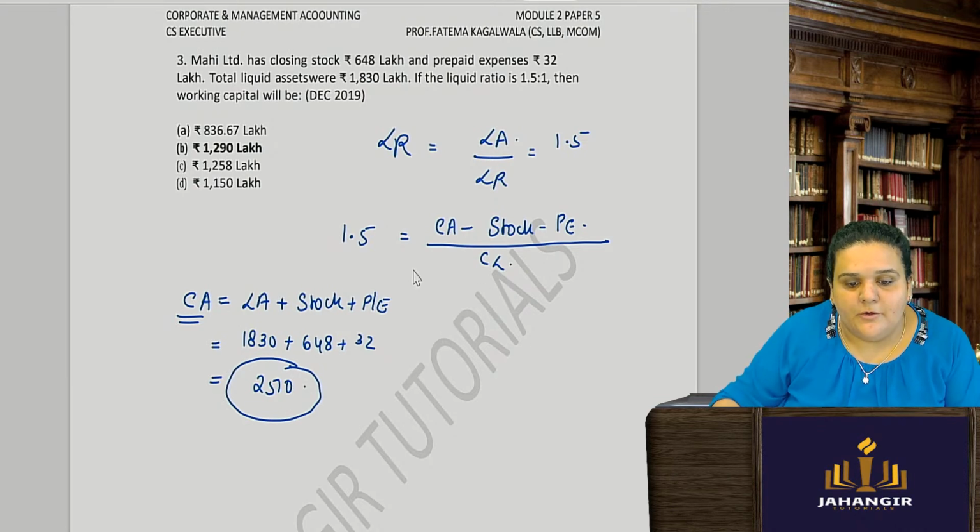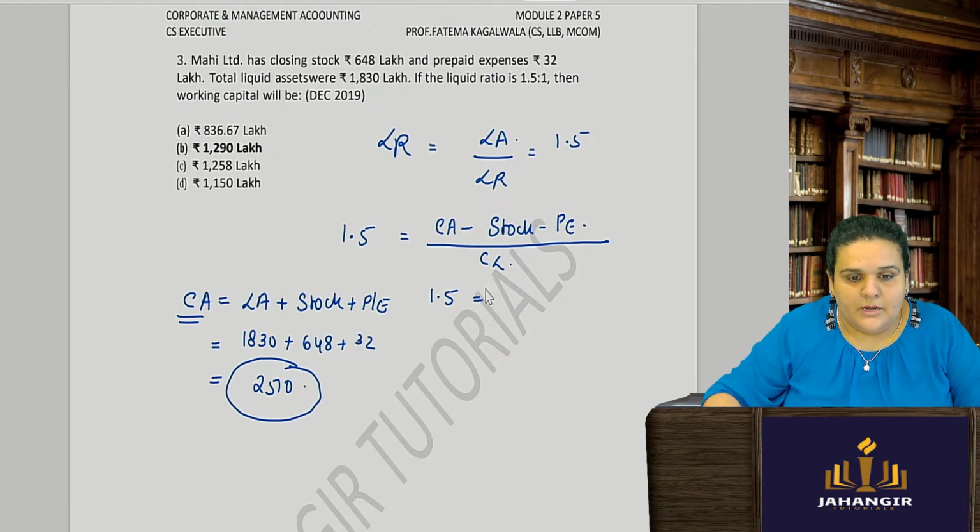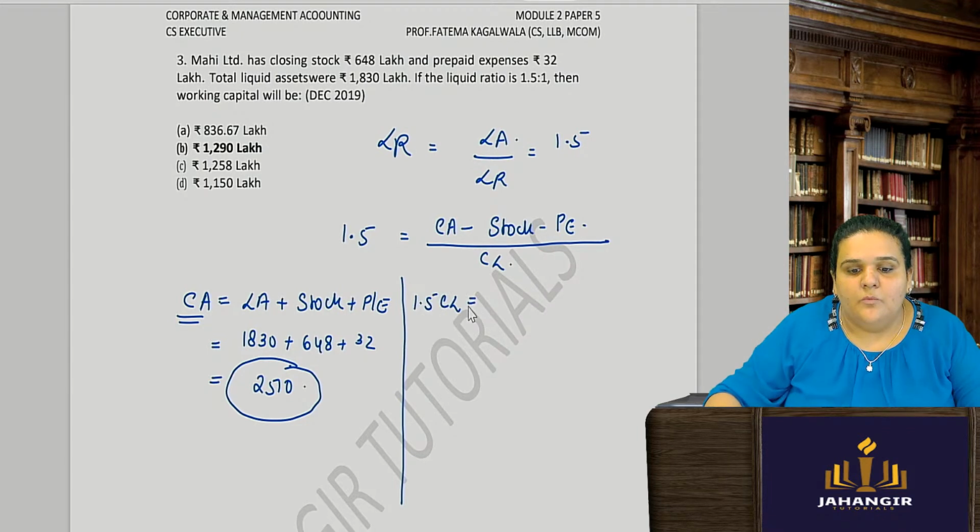Now coming back to the liquid ratio, 1.5 is equal to, put current liabilities here, 1.5 of current liabilities. Make the equation. 1.5 of current liabilities will be equal to 2510 minus your stock, which is 648, minus your 32, which is already given, 1830.